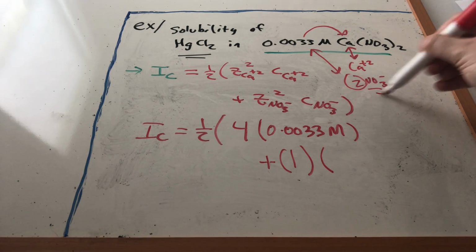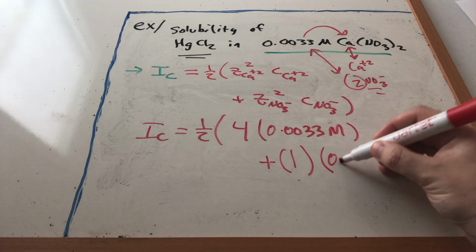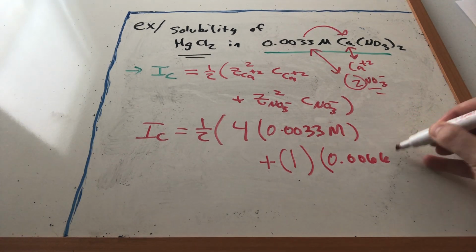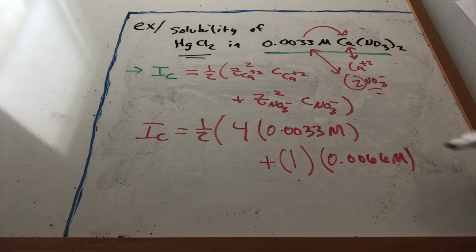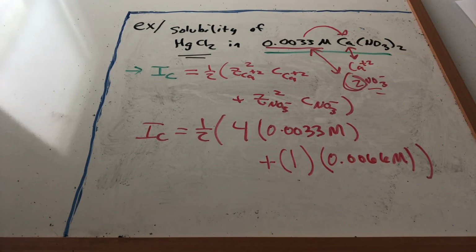I get 2 NO3 minuses for every Ca plus 2, for every time the salt dissolves. So this concentration is 0.0066 molar, twice the molarity of the salt. So you do have to pay attention to stoichiometric coefficients and to charge when you're doing these I sub c calculations.